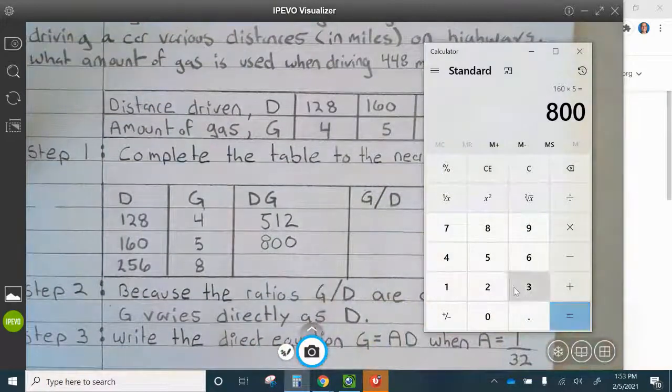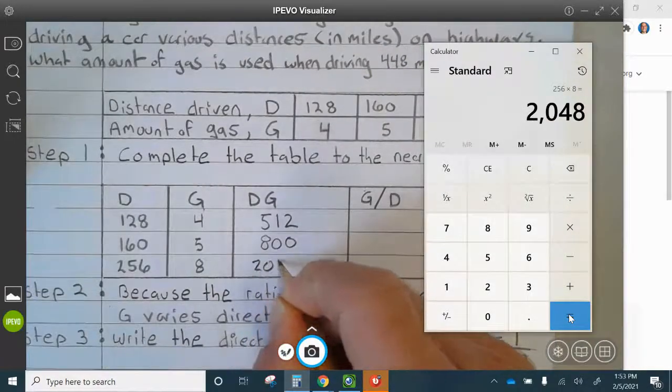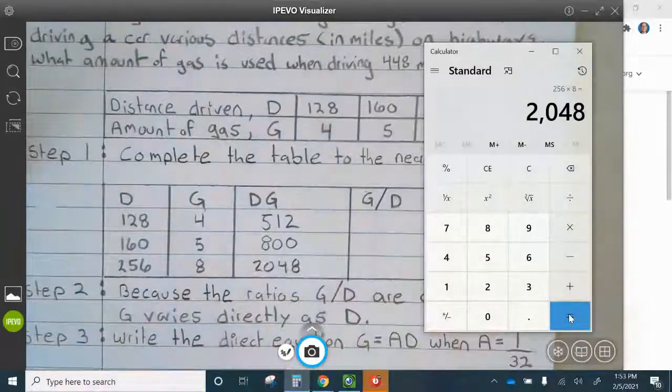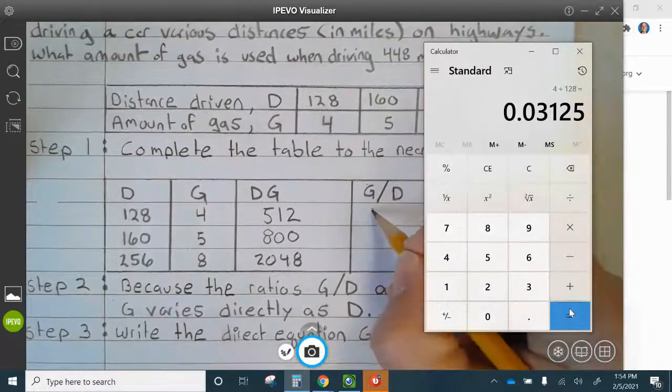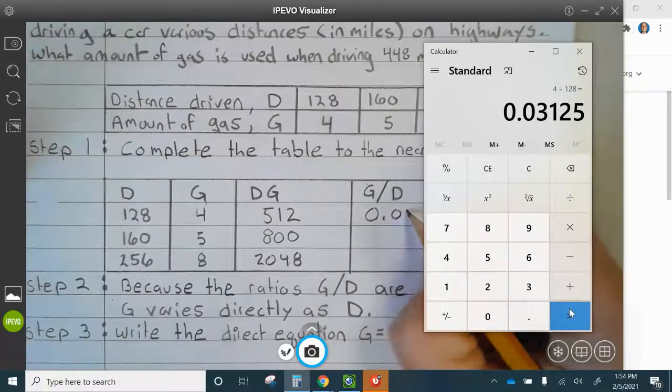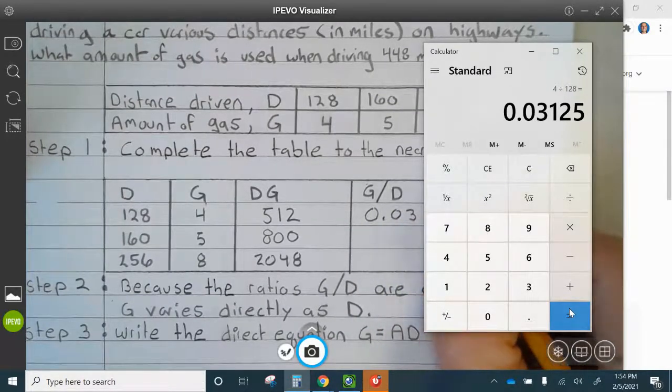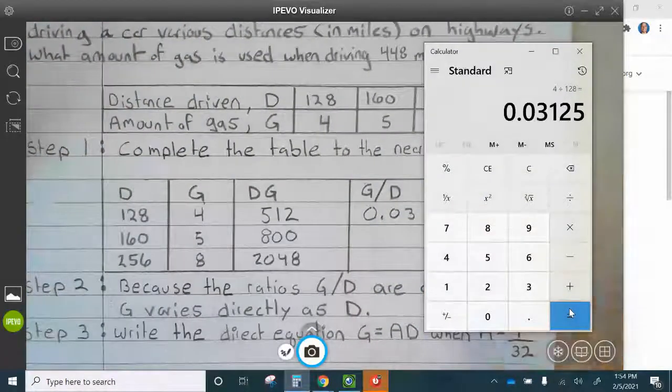Okay, 256 times 8 is 2,048. Now we're going to do G divided by D. Okay, so 4 divided by 128 is 0.03125. Okay.